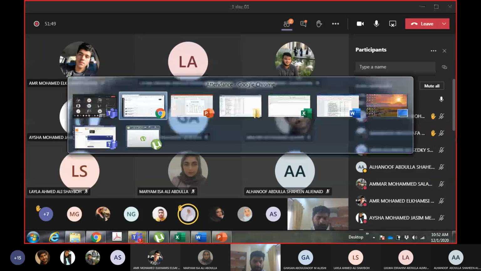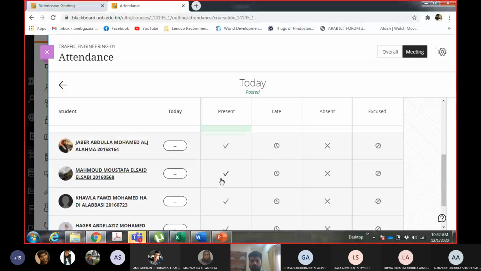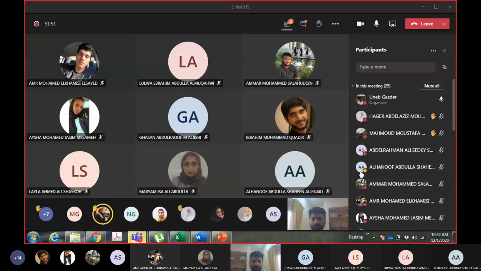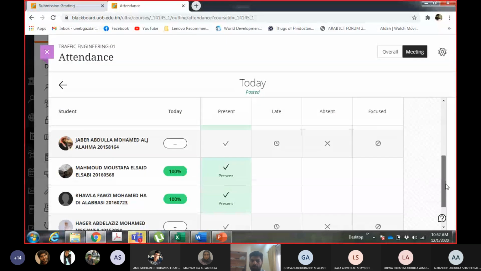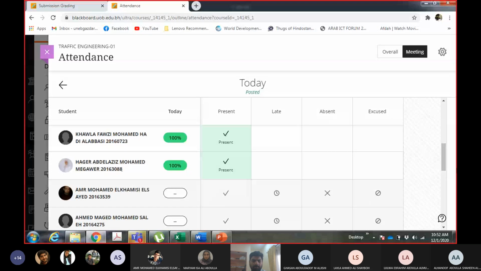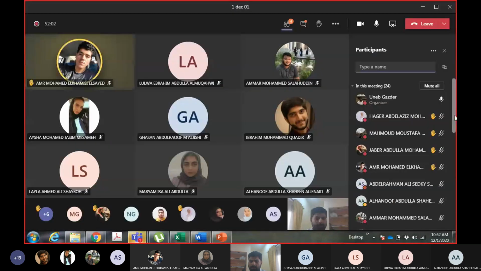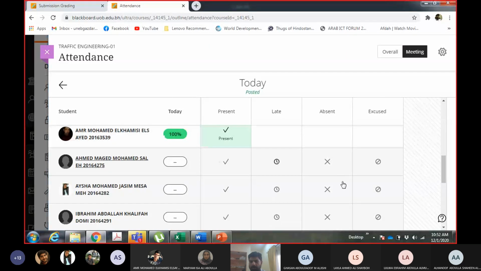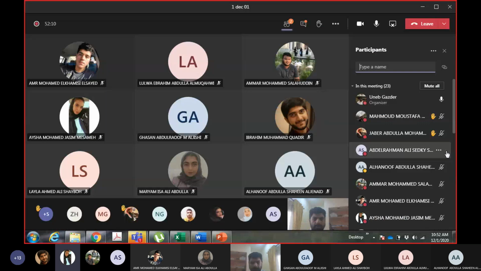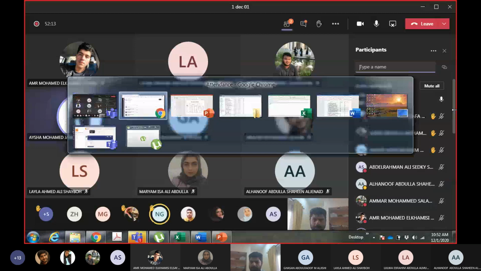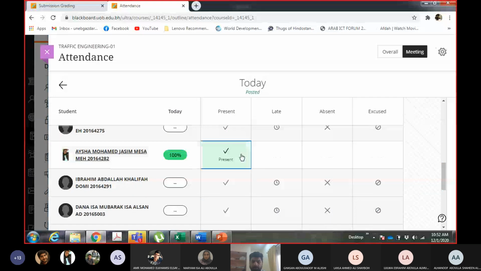Jabir, Mahmoud Mustafa, Khawla Fauzi. Jabir is here. Hajar is also here. Amr Muhammad, Ahmad Majid. Amr is here. Aisha Muhammad, Ibrahim Abdullah, Dana Isa. Aisha is here. Ibrahim is here.